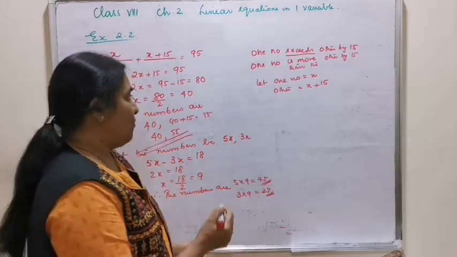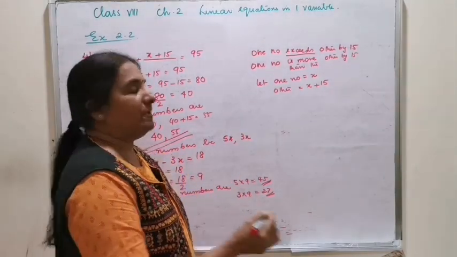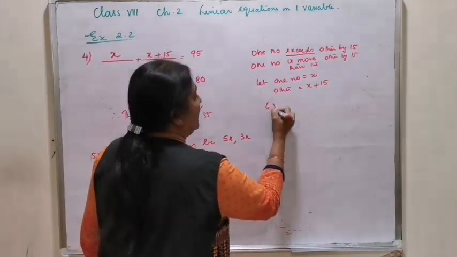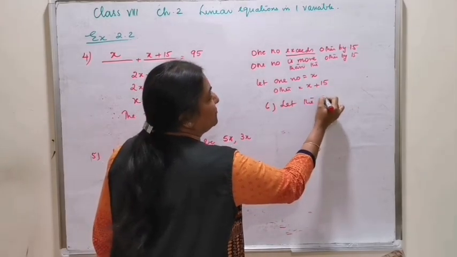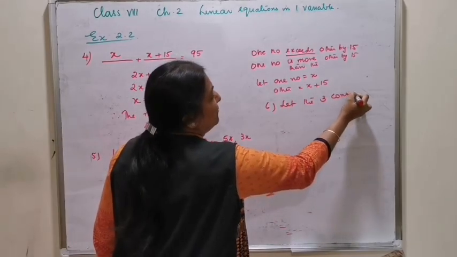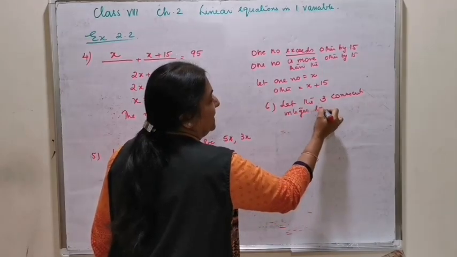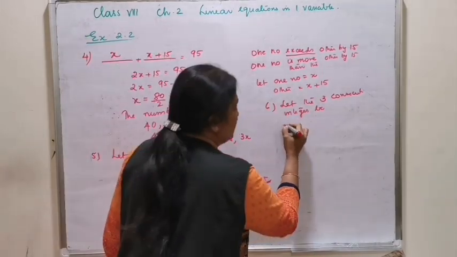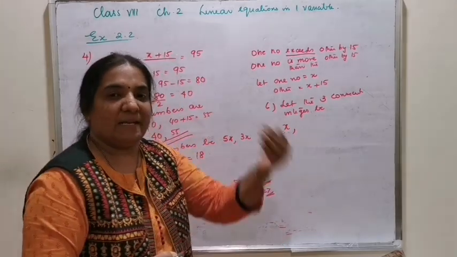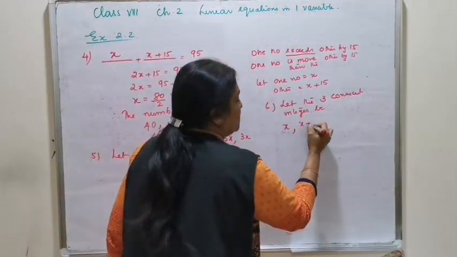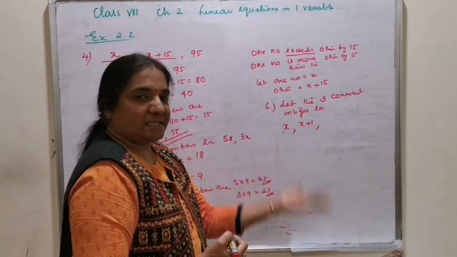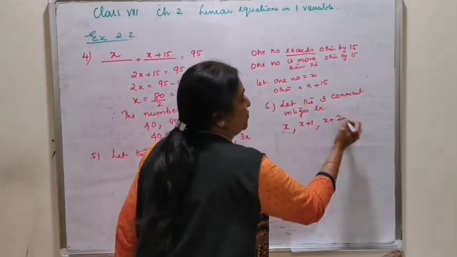The sum of 3 consecutive integers. So let the 3 consecutive integers be, let the first integer be x. What will be the next one? x plus 1. What will be the next one? x plus 2.